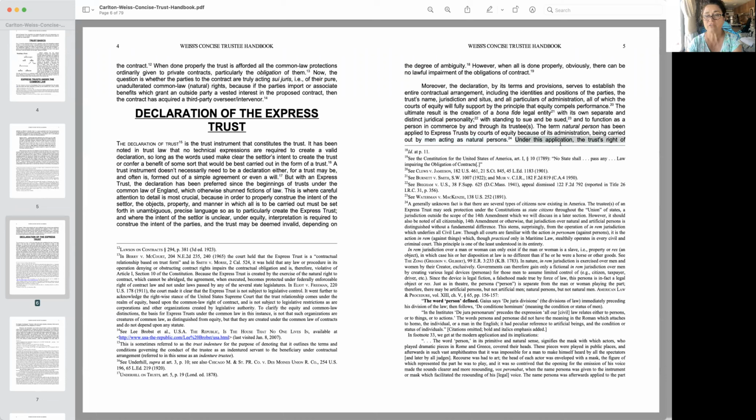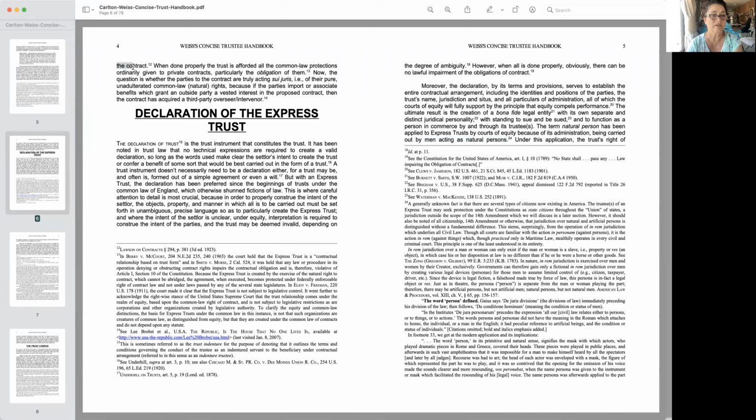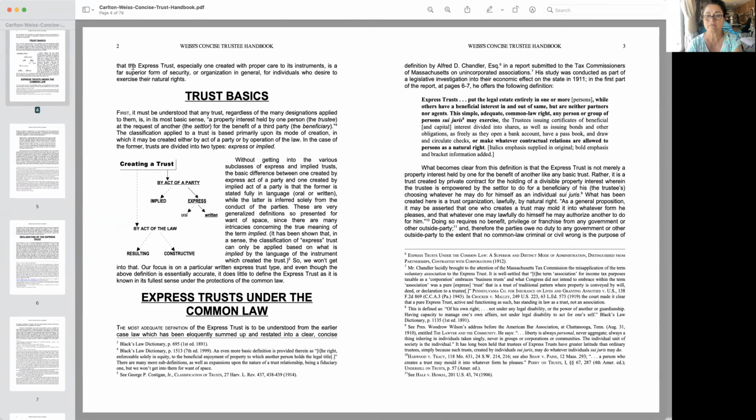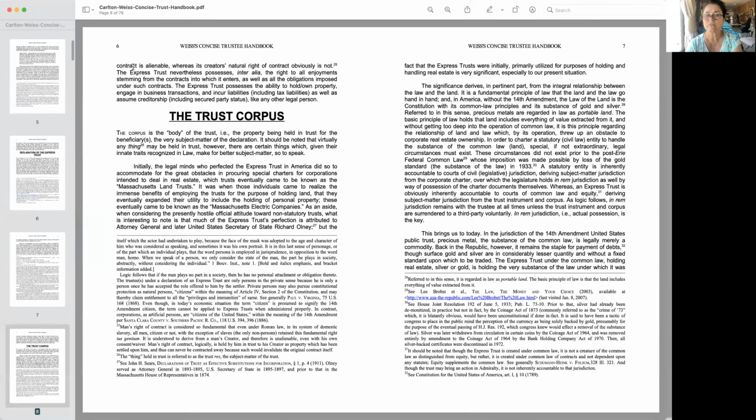Under this application, the trust's right of contract is alienable, whereas its creator's natural right of contract obviously is not.